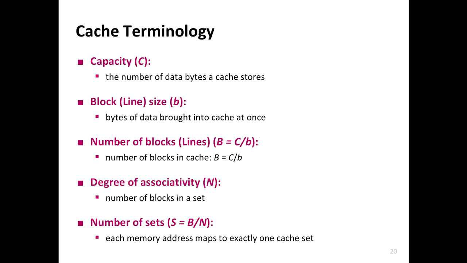There are some terminologies that we must be very clear about before we go into the architecture of the cache itself. The first is capacity, how much data can be stored in the cache.